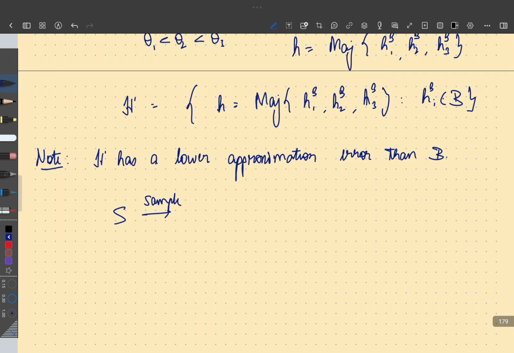You independently and with replacement sample n points, or some n1 points, from S to get a new data set S1, and then you do ERM to get H1b. And from S, you again independently sample uniformly at random with replacement to get S2, perform ERM to get H2b, and so on.